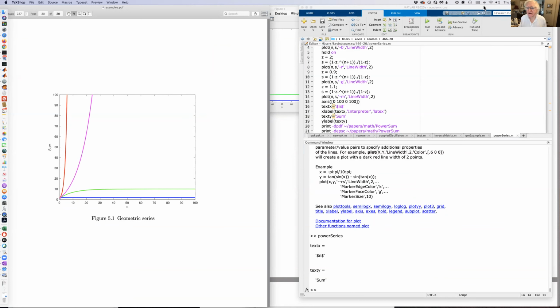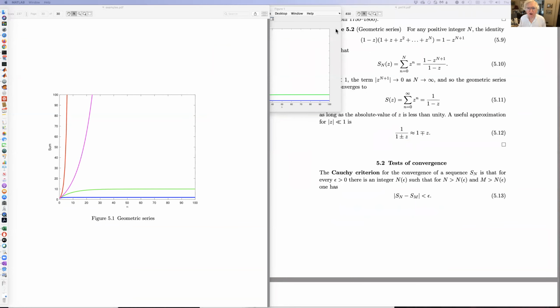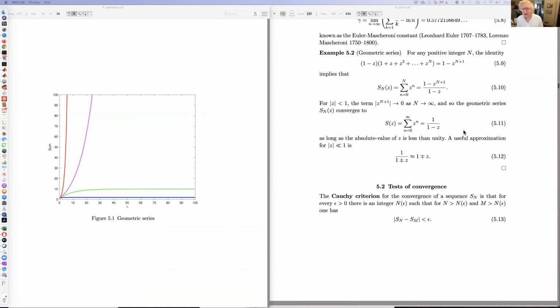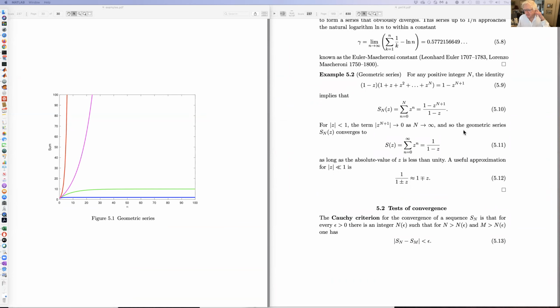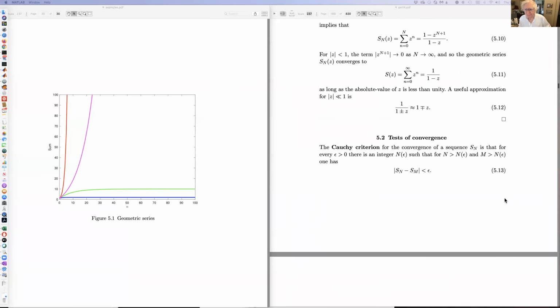Now, why is it that I said the geometric series are essentially all you need to know? Well, not all you need to know, but one of the most important things in this chapter. It's that this is an example of a power series, and an analytic function in general is a power series. Here the coefficients are all 1, but in a general power series, the coefficients are arbitrary complex numbers.